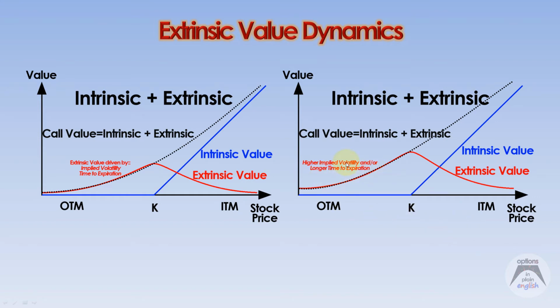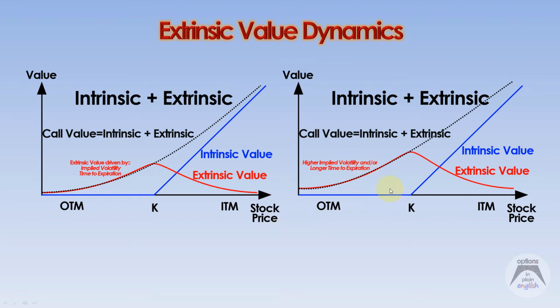So maybe we've picked the same option, so the same strike price, but a further month or a further expiration, or we've picked a different underlying that has the same characteristics but higher implied volatility.